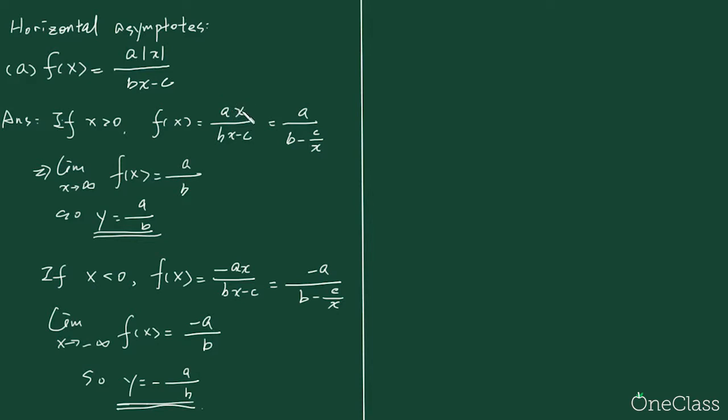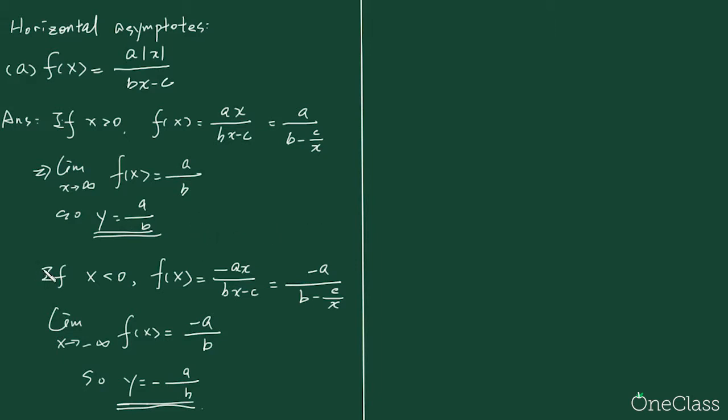We take the absolute value and it's just ax, and we divide by x on both the numerator and denominator, and then we have the equation here. And when x is approaching positive infinity, f of x is equal to a over b. Therefore, y equal to a over b is one of the horizontal asymptotes.